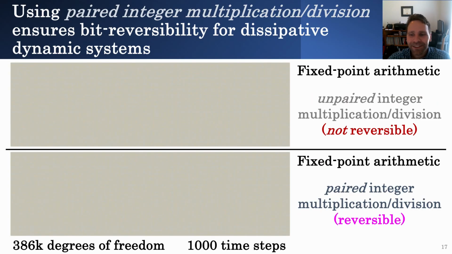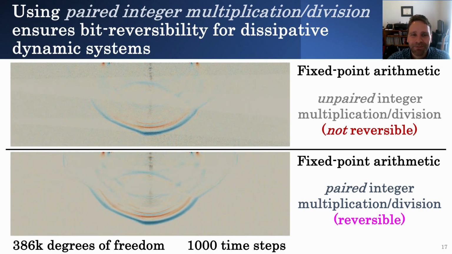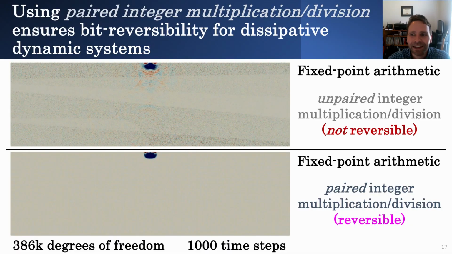Well, consider some comparisons. How much does this really help us? Is it really necessary? And how much better does it improve upon just the simple fixed point arithmetic operations we were doing previously, the ones that didn't involve this paired integer multiplication and division operation?